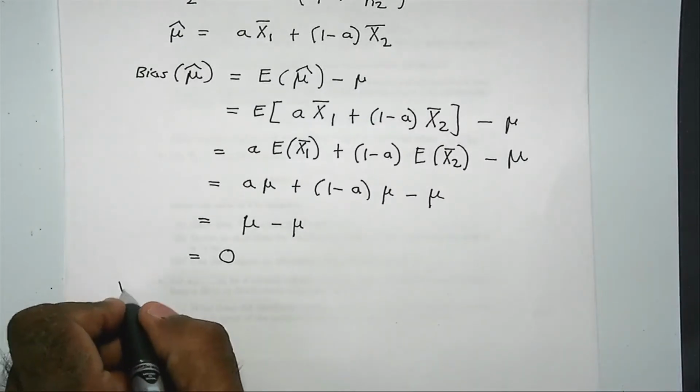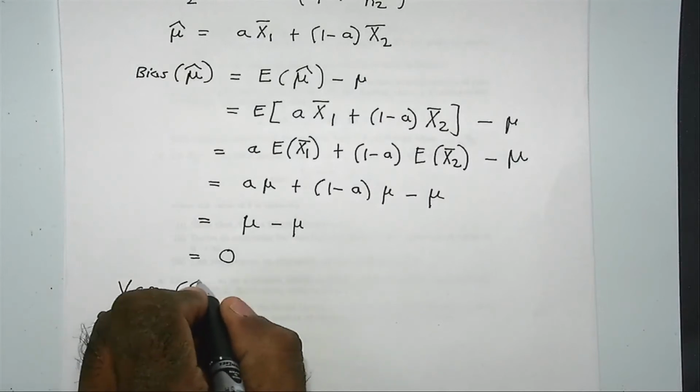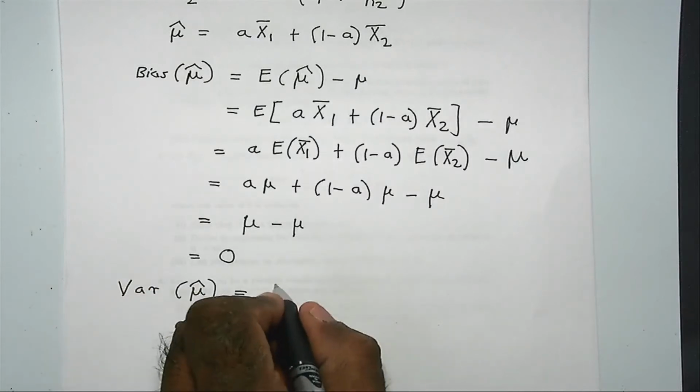So we want to find the variance of mu hat, which is the variance of a x bar 1 plus 1 minus a x bar 2.